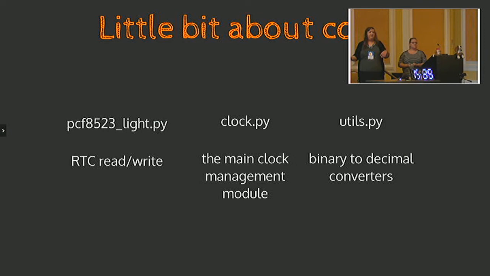It's binary coded decimal or something like that. It means that you get a binary value for each digit, which is not the same as having the whole number in binary. The utils.py also has functions to determine if today is winter or summer as far as daylight saving time is concerned, because this clock changes time automatically when it's daylight saving time.